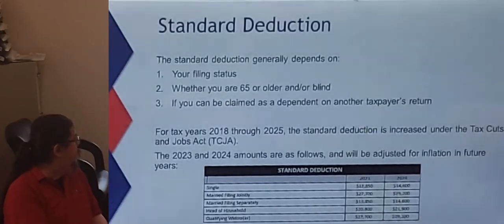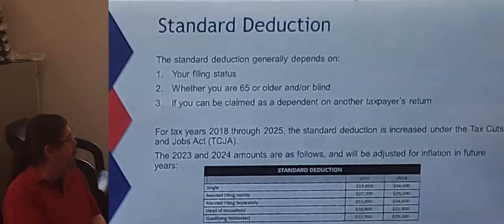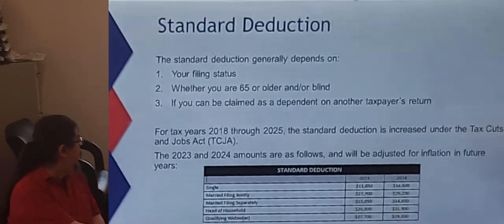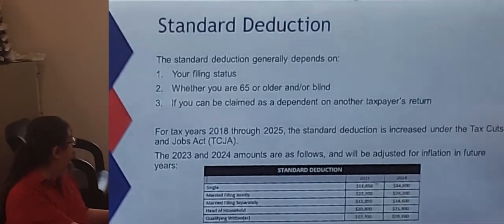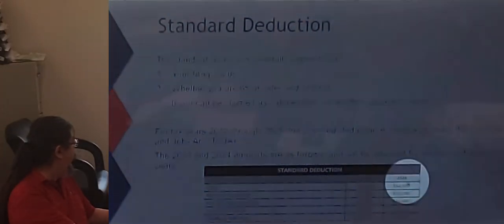And we did mention that your standard deduction is lower if you are someone's dependent. These are the standard deductions for 2023 and 2024 here. There's one column for 2023, one column for 2024.